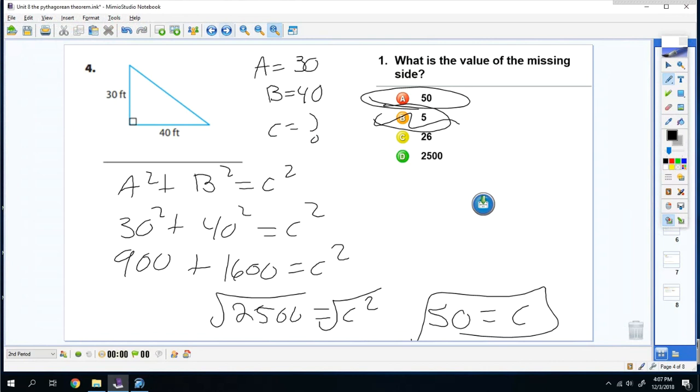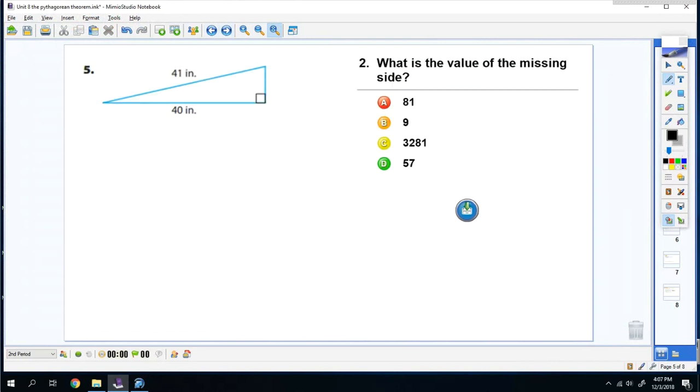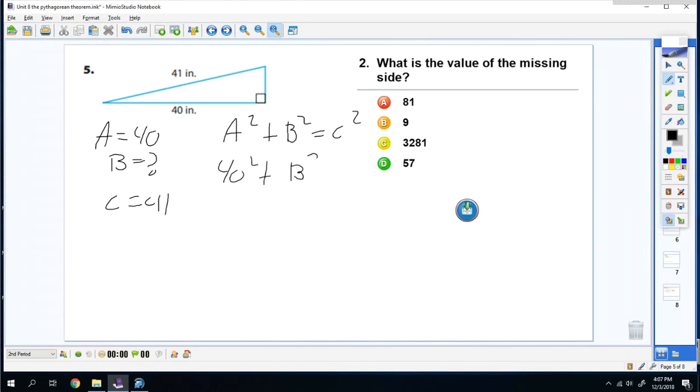All right, last one. So I know A is 40, B I don't know, and C is 41. So A squared plus B squared equals C squared. A is 40, B you don't know, and C, I don't know why I wrote C squared, is 41. Well, 40 squared, we did that last time, is 1600 plus B squared.